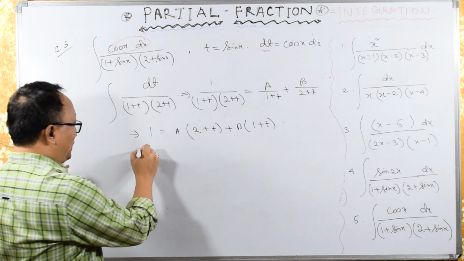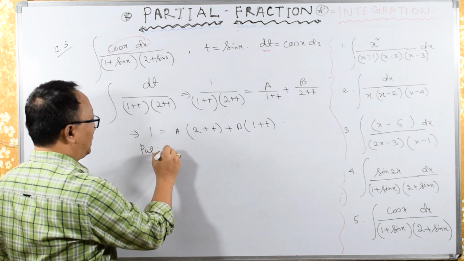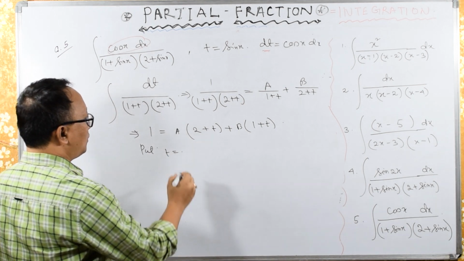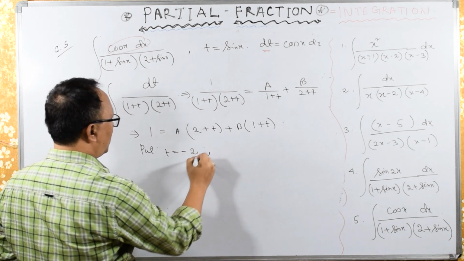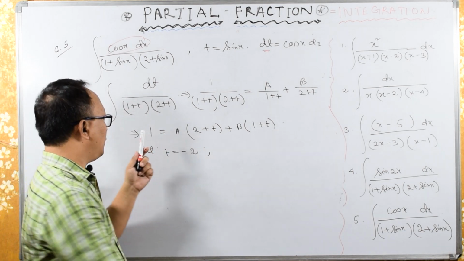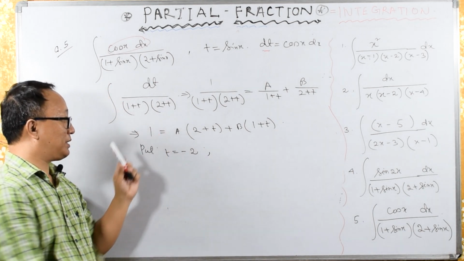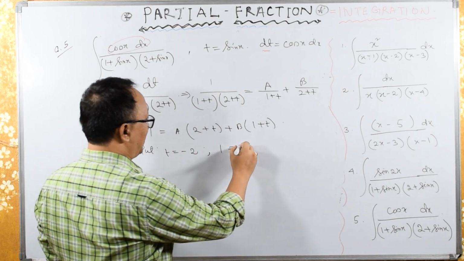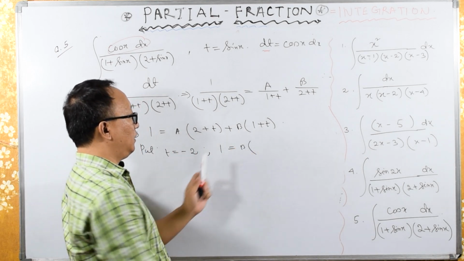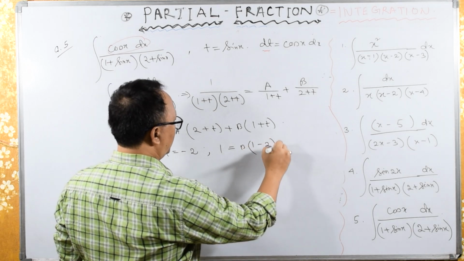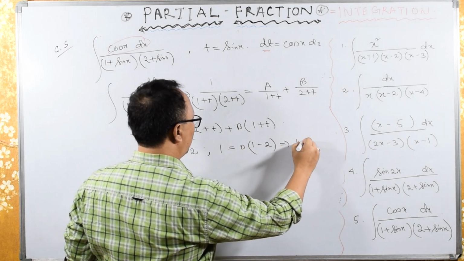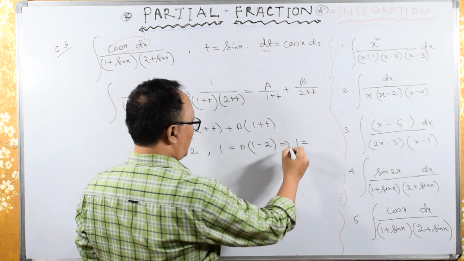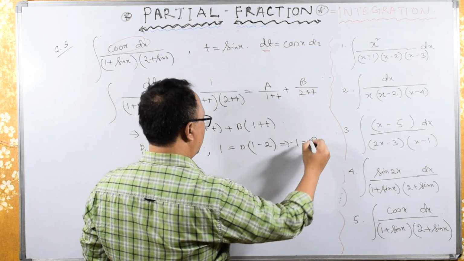Now putting t equals minus 2 in this equation, on the left hand side we have the constant 1. This term is 0, and b into 1 minus 2 is minus 1. So 1 equals minus b, which means b equals minus 1.